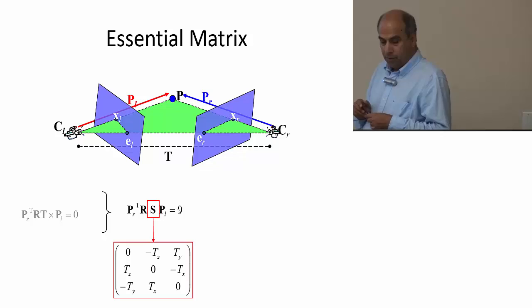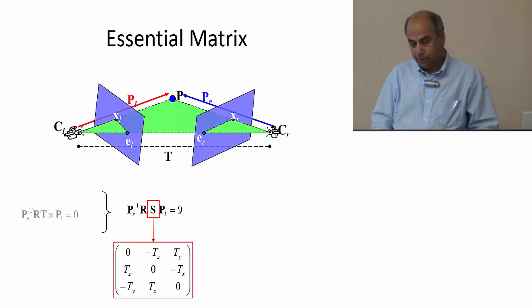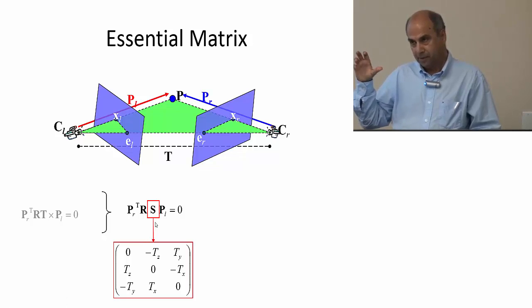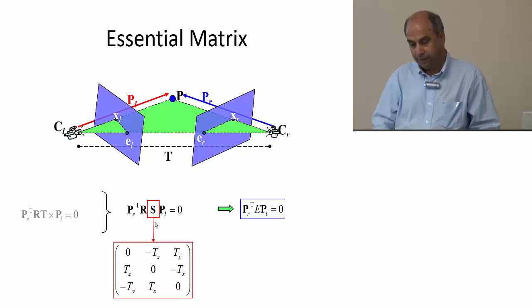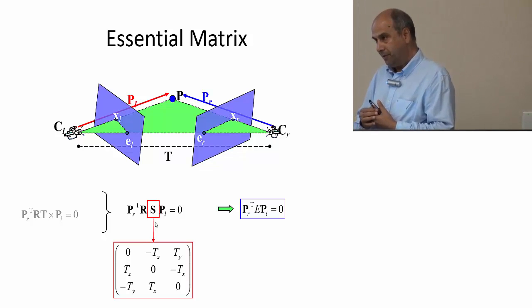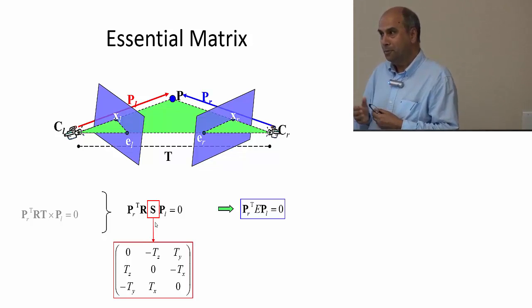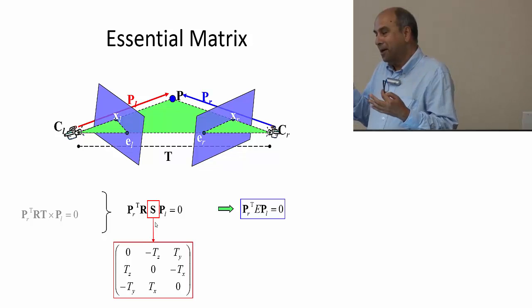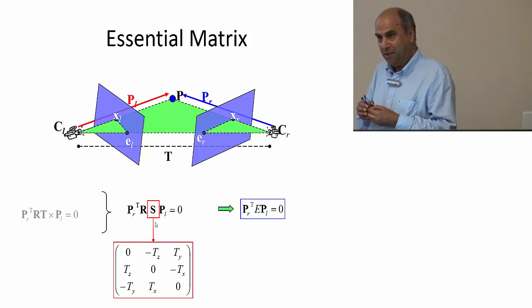Okay, so now we have two matrices, the rotation matrix and the S matrix, which is an antisymmetric matrix made out of the translation vector, and the product of these two matrices is called the E matrix, which is the essential matrix. So you have fundamental, then you have essential. Essential, then you go to fundamental, which is much more important.